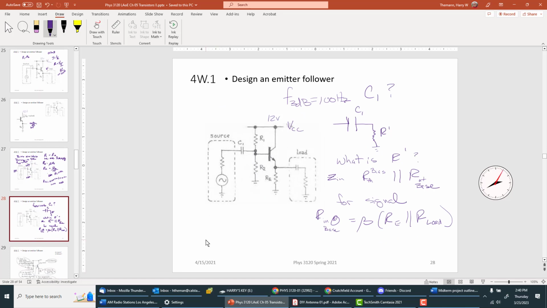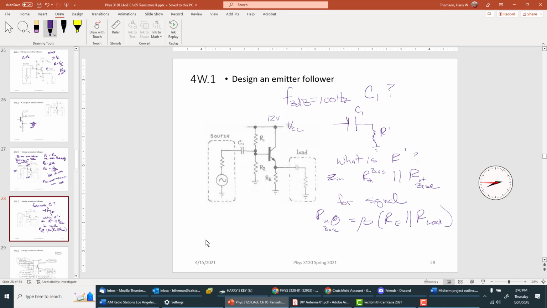Now we talk about the blocking capacitor. What value do we choose for the blocking capacitor? We have to decide what is that R prime there. So the Zn is the R Thevenin of the base, R Thevenin of the bias, and then R in at the base.